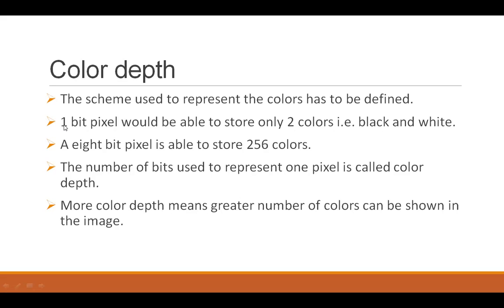If you're using 4 bits to store a pixel, then 2 raised to power 4, you can actually store 16 different colors in that image because you have the range to make 16 different codes. And if you're using an 8-bit pixel, that means each pixel can contain 256 different colors. At any given time, it will have one color, but it will have 256 colors available to that pixel.